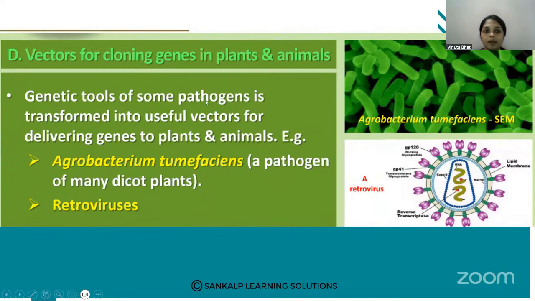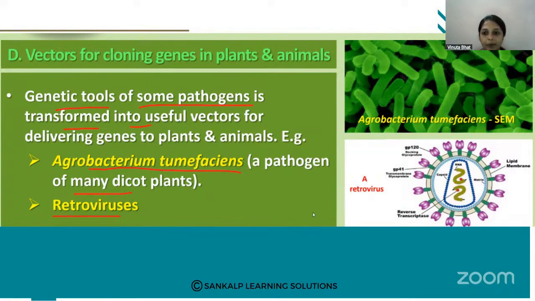For example, Agrobacterium tumefaciens, a pathogen of many dicot plants, and the retrovirus. So, these are used as vectors.